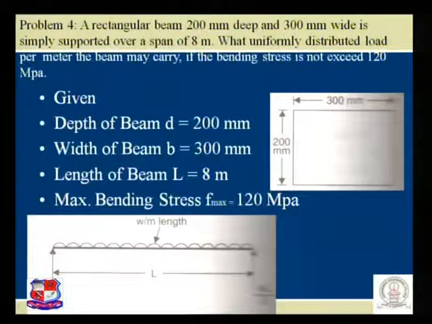Number 4 problem. A rectangular beam 200 mm deep and 300 mm wide is simply supported over a span of 8 meter.